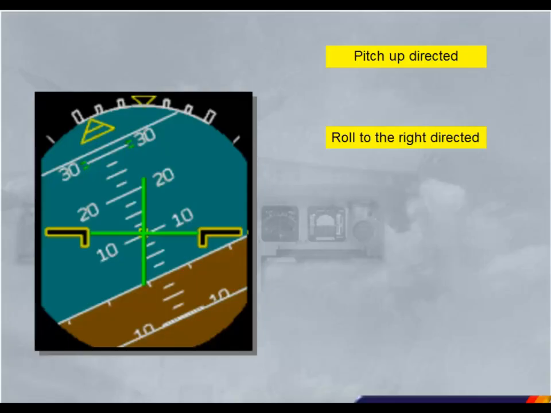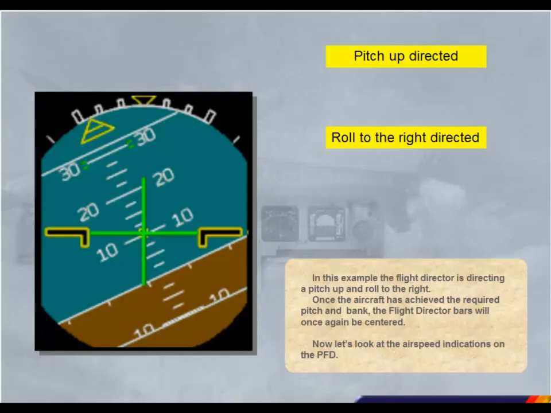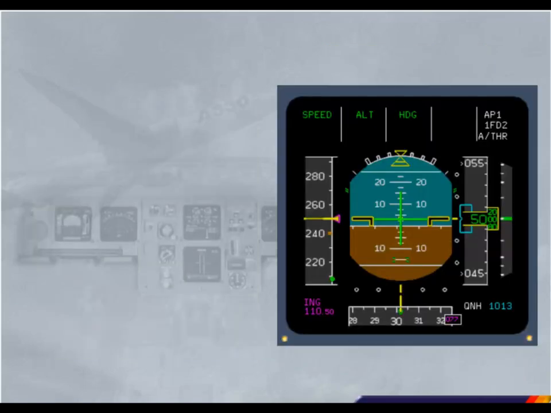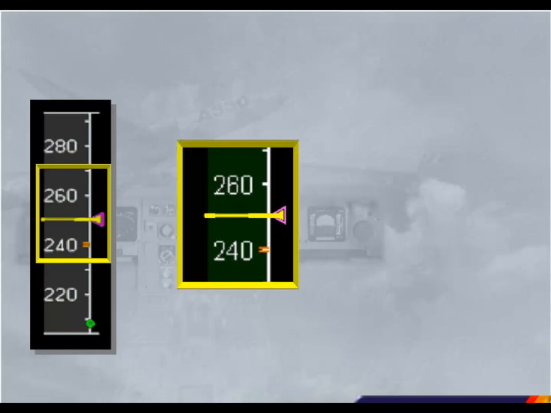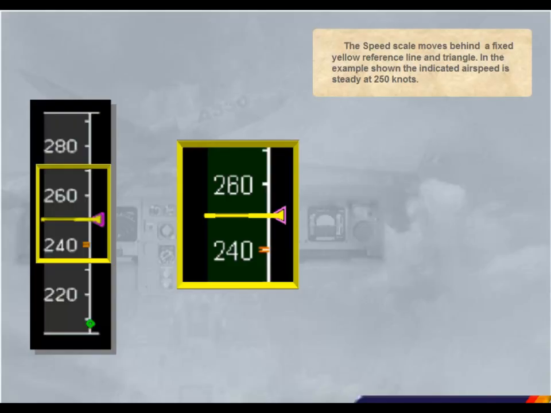Now, let's look at the airspeed indications on the PFD. The speed scale moves behind a fixed yellow reference line and triangle. In the example shown, the indicated airspeed is steady at 250 knots.